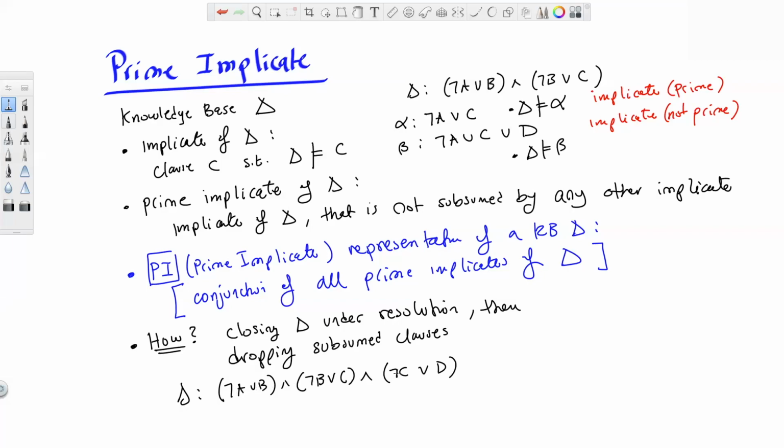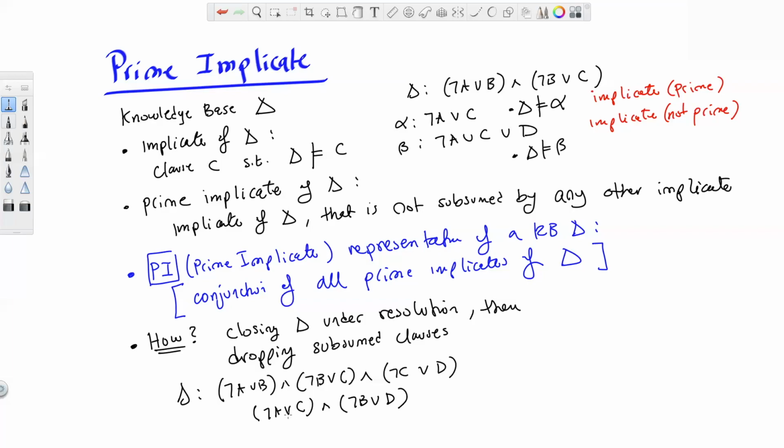So if you actually try to do resolution here, you can do a bunch of them. You can do resolution on B, so that gives you the clause "not A or C". You can also do a resolution on C, and that gives you "not B or D". Let's see, can we do any other resolutions in this case?